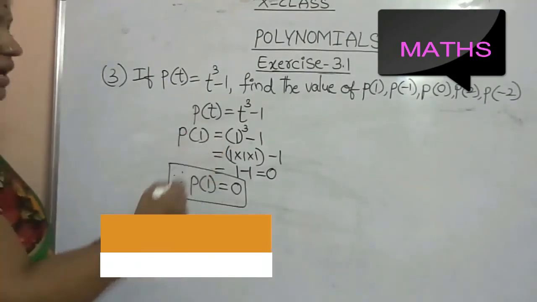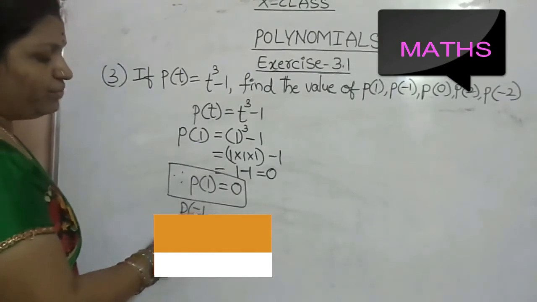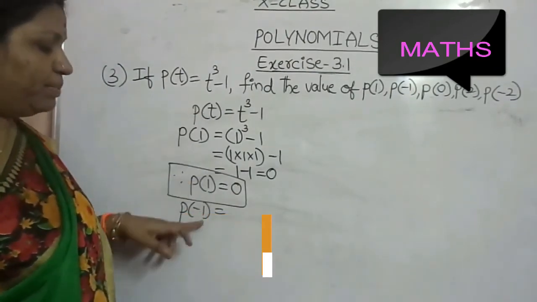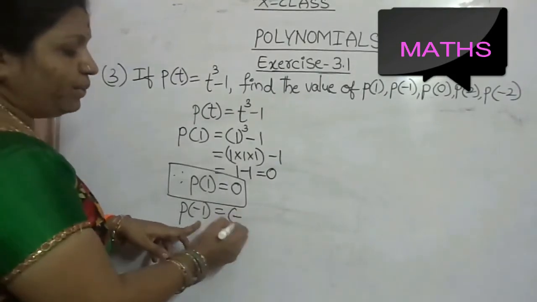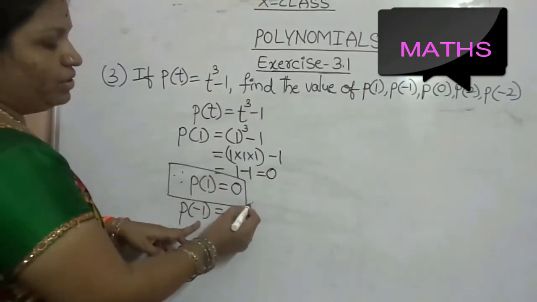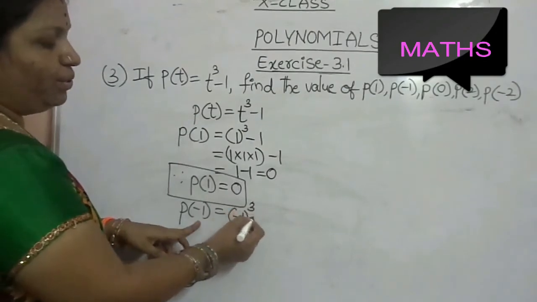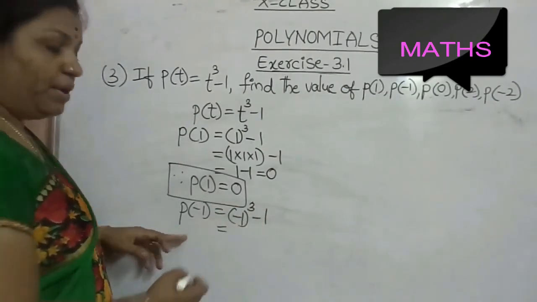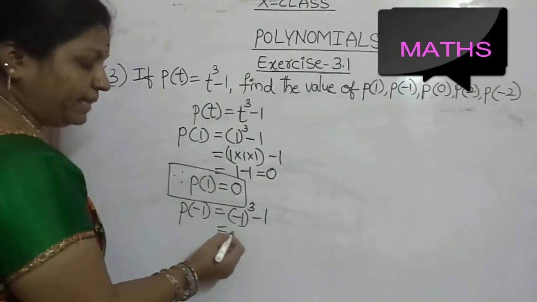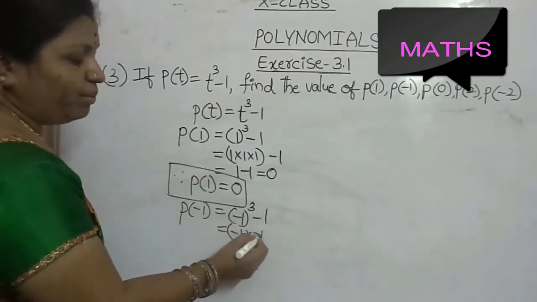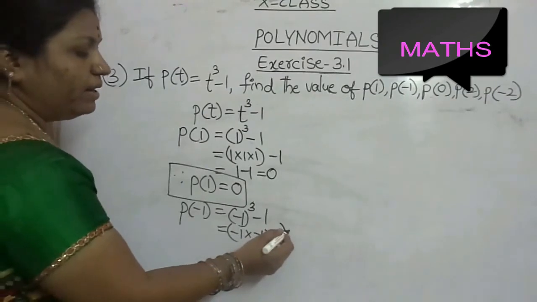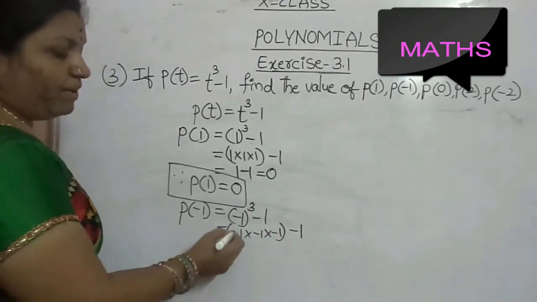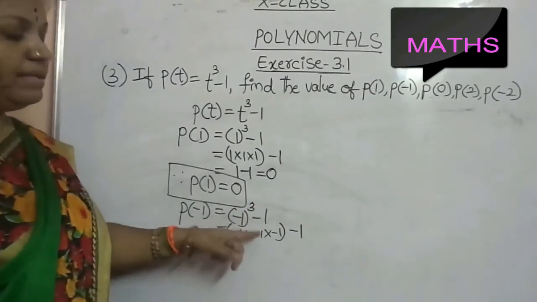Next we have p of minus 1. Same thing, I am substituting the minus 1 value in the place of t. So minus 1 whole cube minus 1. Minus 1 whole cube means we multiply minus 1 three times: minus 1 into minus 1 into minus 1. Again minus 1 we have in the polynomial. First multiply the minus symbols.